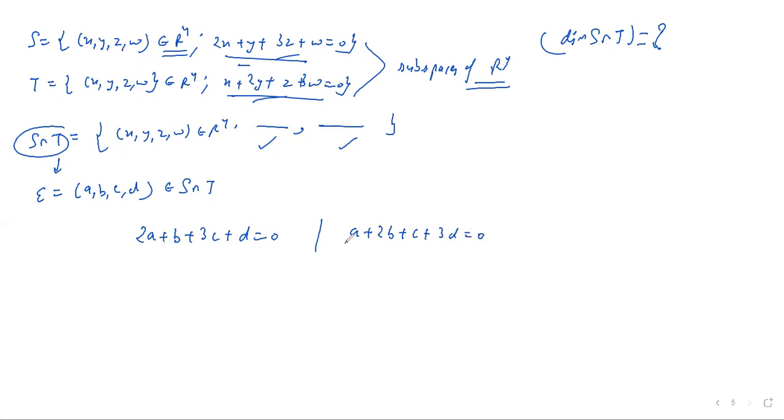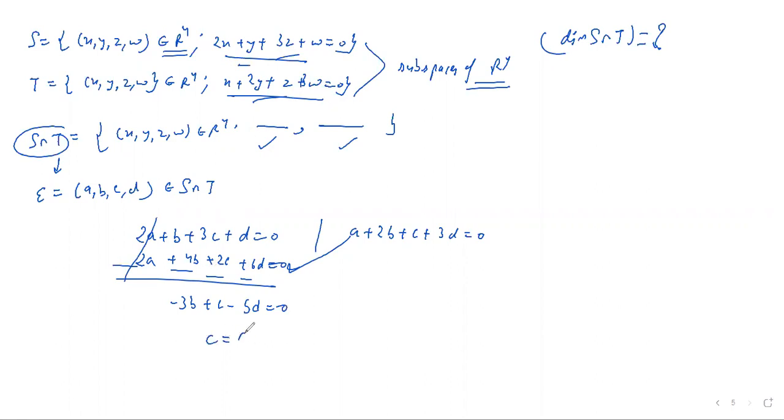Now let's simplify this by multiplying the second equation by 2. This gives us 2a plus 4b plus 2c plus 6d equals 0. Subtracting, this gives us minus 3b plus c minus 5d equals 0, and from this I got c equals 5d plus 3b.